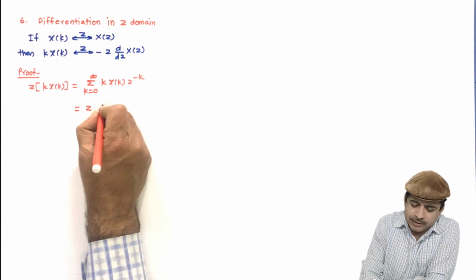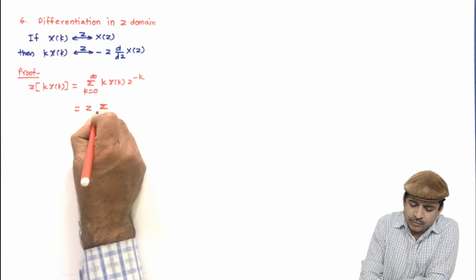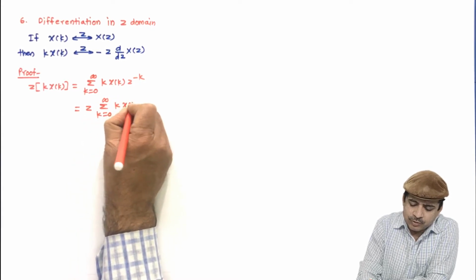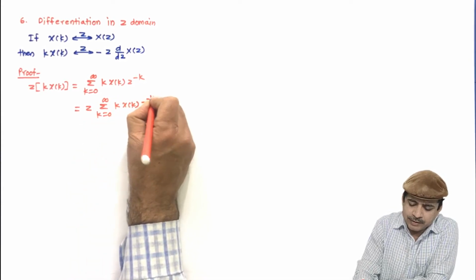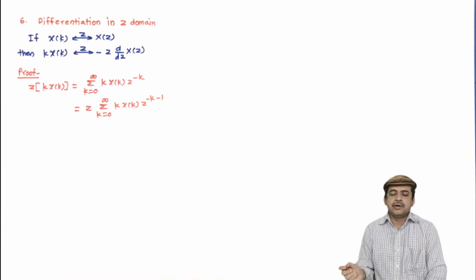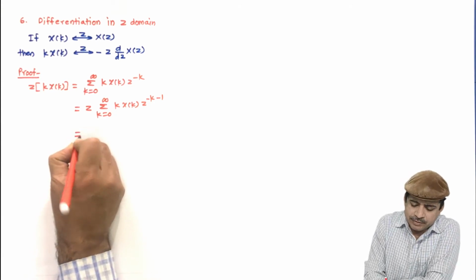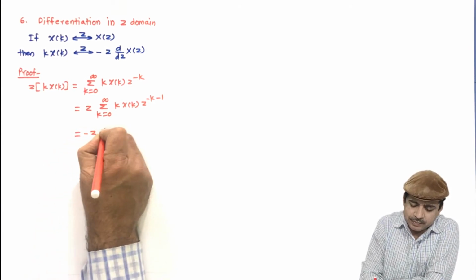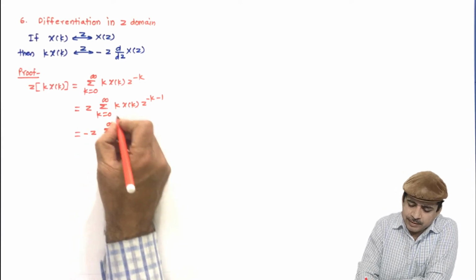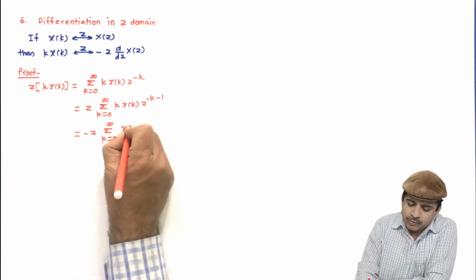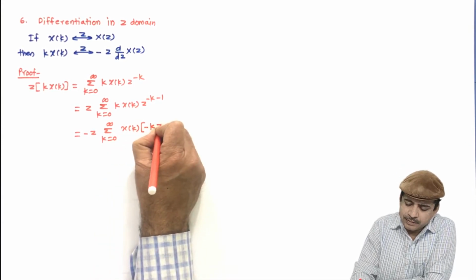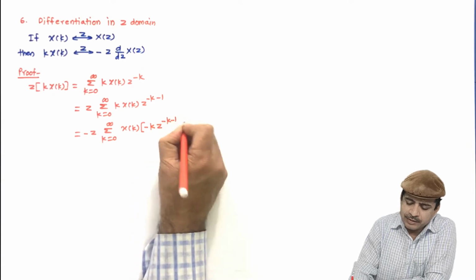So this will be equal to z times the summation k equal to 0 to infinity of k x of k z raised to minus k minus 1. Now I will do another adjustment and make this minus z, times the summation k equal to 0 to infinity of x of k into minus k z raised to minus k minus 1.